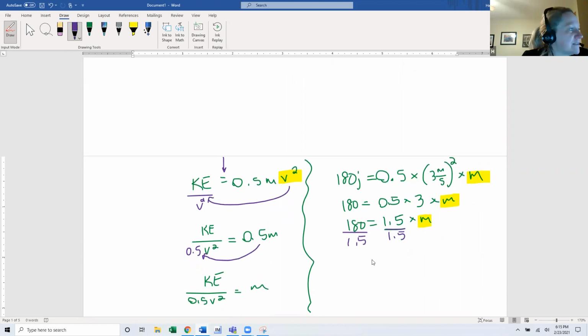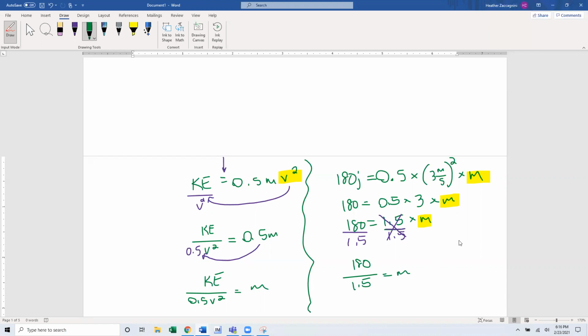All right, does that make sense? This cancels out, becomes 1. And then I just have M is equal to 180 over 1.5. That equals M, and now we have our answer.